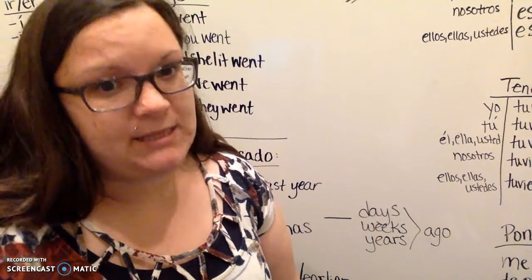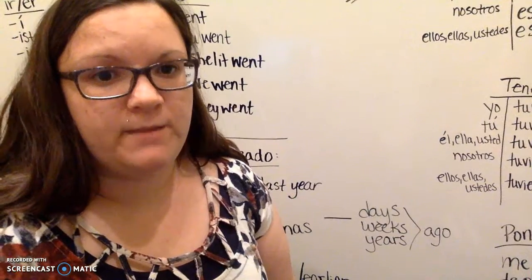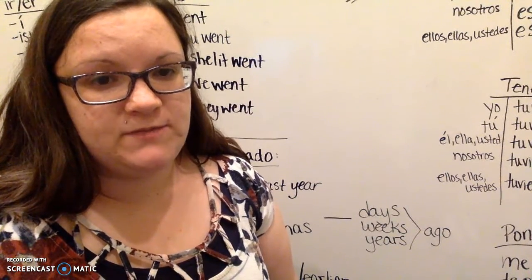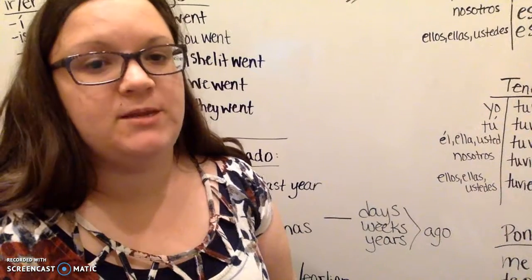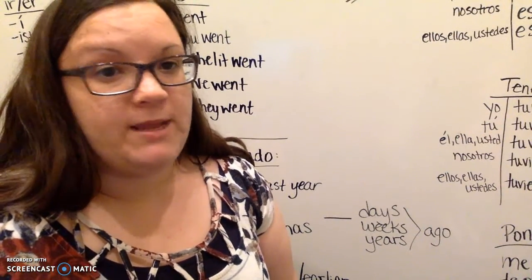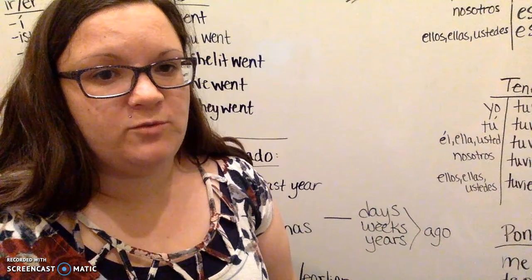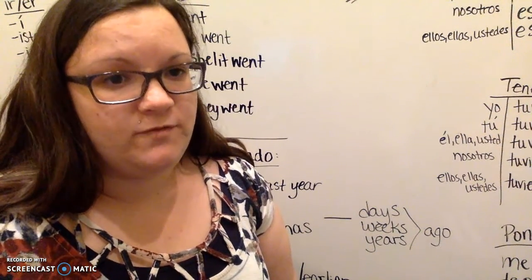Now, this doesn't mean that you're not going to see other verbs, okay, because you will. But when we're using these verbs in particular, we're going to most likely be conjugating them almost every single time into the preterite tense, and any other verb that we're using, we might have to decide whether or not it needs to go preterite or it needs to be present tense, okay? So be careful as you're going through.